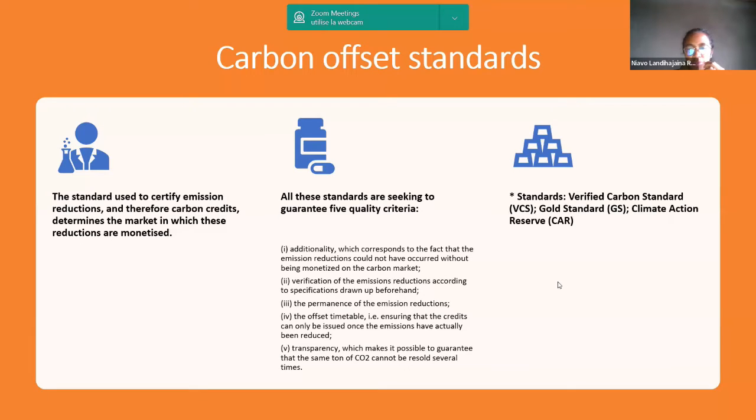Then the verification of the emissions reduction according to specifications shown beforehand, the permanence of the emission reductions, the offset being issuable, for example, ensuring that the credits can only be issued once the emissions have actually been reduced, and transparency. We can have a different standard, such as the Verified Carbon Standard or the Climate Action Reserve. In this presentation, we will focus especially on the gold standard.